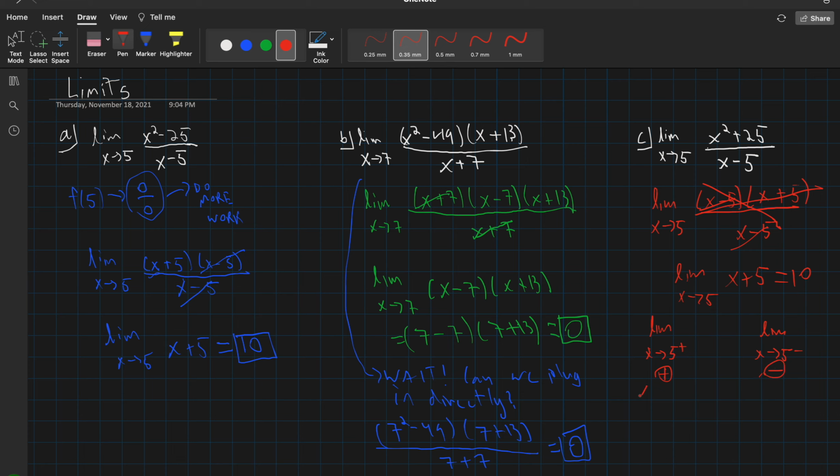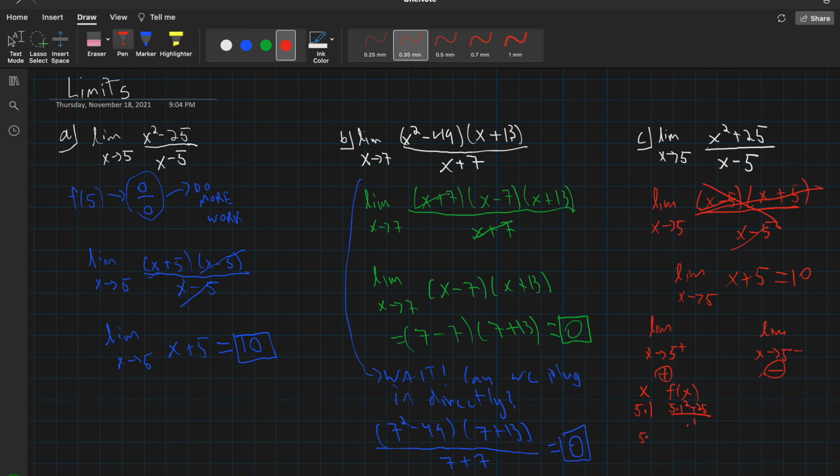So here are x values, and here are f of x. So we're interested in 5. So let's start with 5.1. So f of x is going to be 5.1 squared plus 25 all over 0.1.